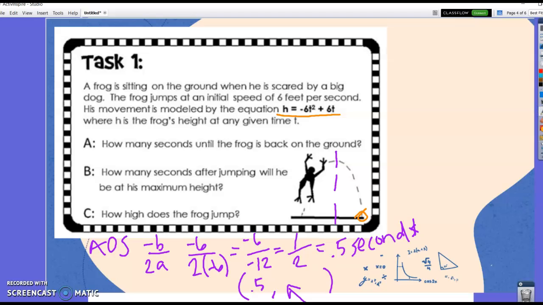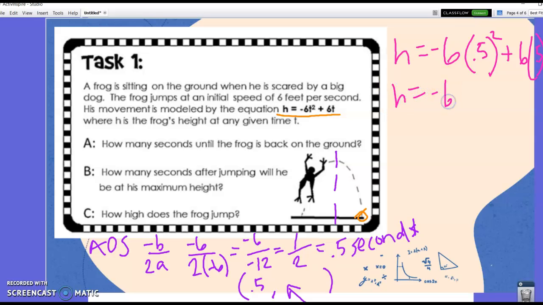So if I plug in the 0.5 as t, because that's the time, and I do it in both spots, now I'm going to solve. So 0.5 squared is equivalent to 0.25, and then 6 times a half is 3.